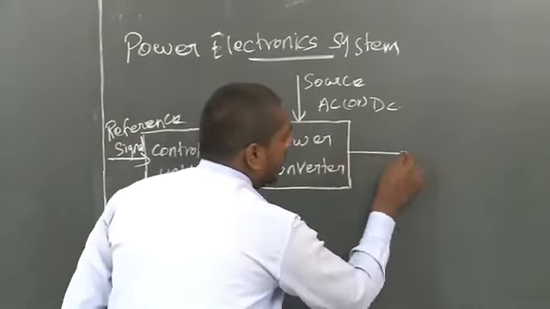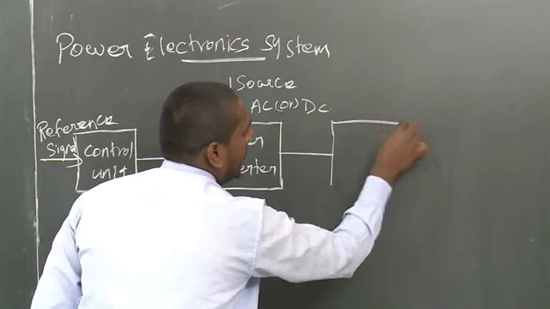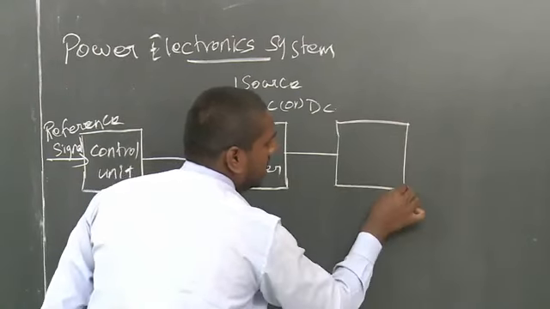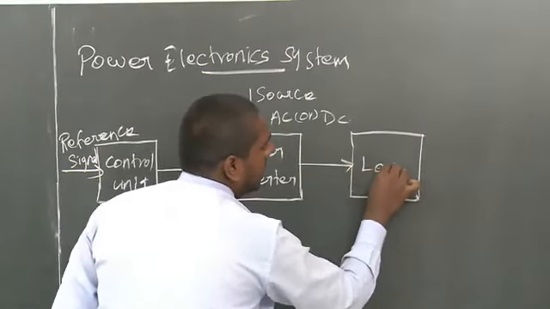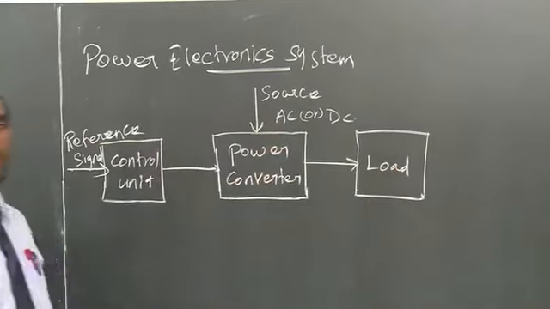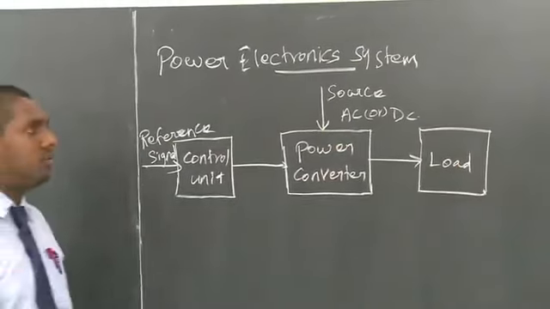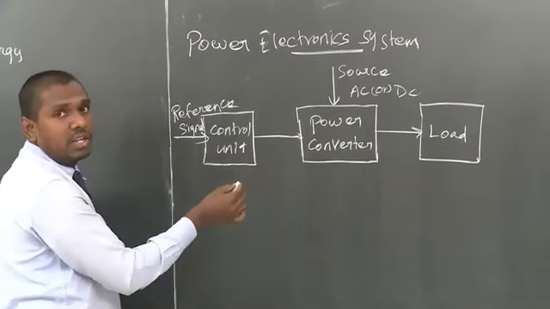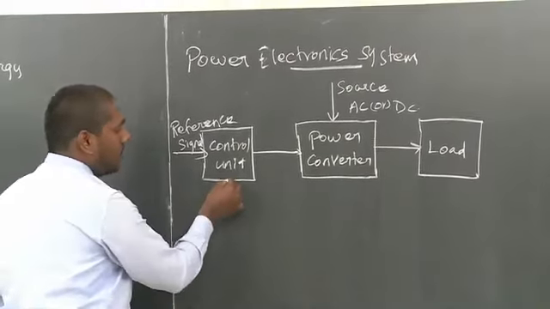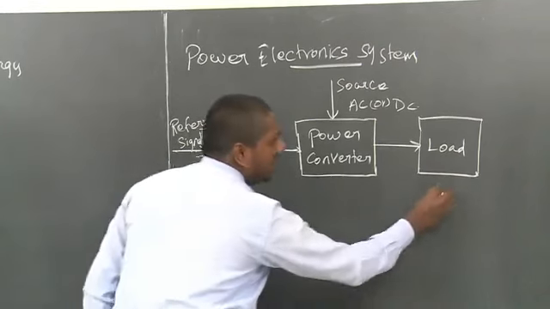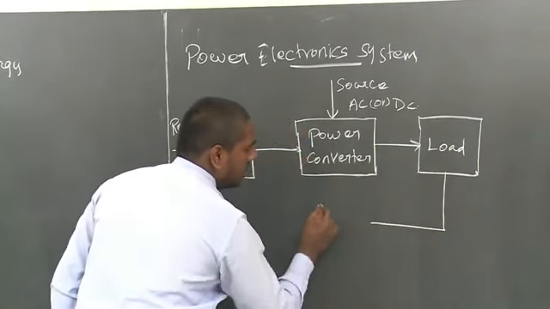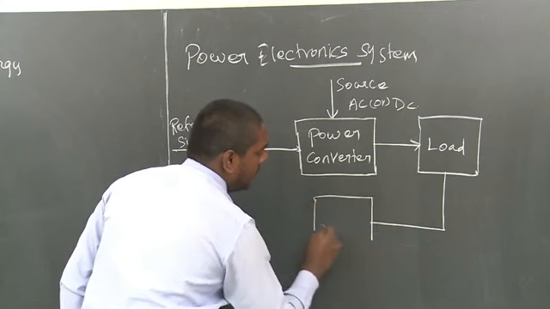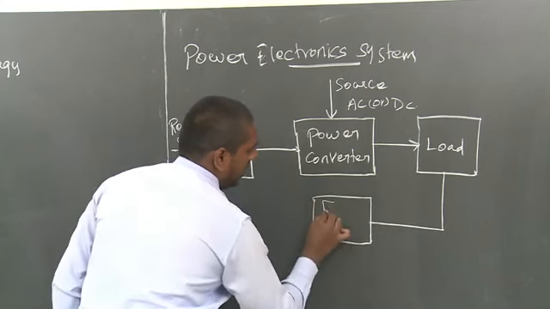Then this power converter operates for the application. That application depends upon the load. So whatever application you need, you have to add it. Okay, this is the general case. This is like an open loop. If you have a control unit, we definitely need feedback. The feedback is taken from the output side.